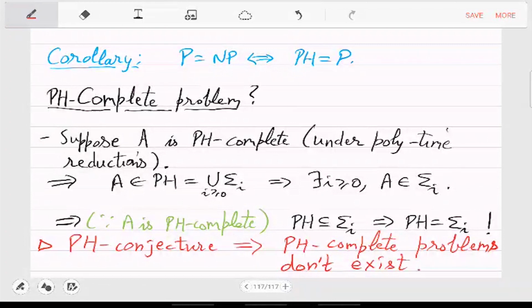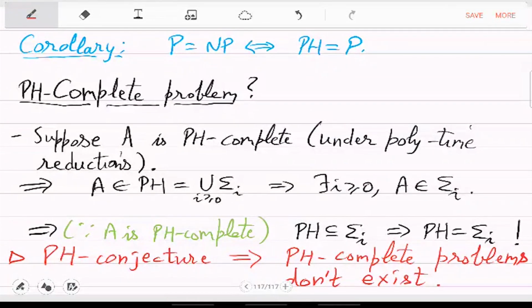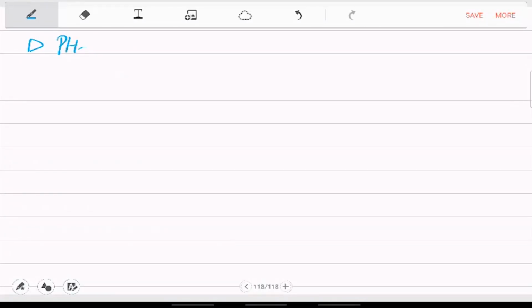That is what we believe. This has a simple consequence: since PH complete problems don't exist and PH is in PSPACE, PH is strictly smaller than PSPACE, assuming the conjecture. The PH conjecture implies that PH is a proper subset of PSPACE.